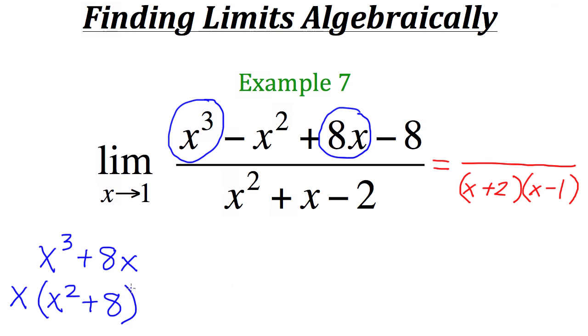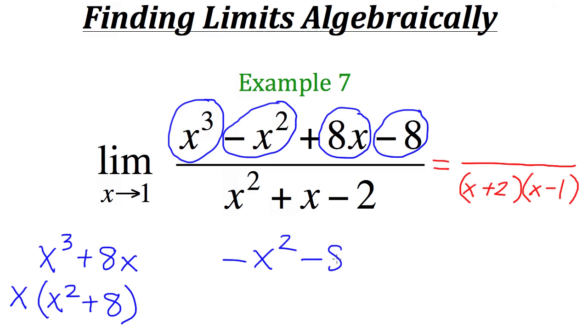Now from here, I need to take the other two terms and group them together. So we have a negative x squared minus 8. So I'll bring them together. Now from here, they both have a negative 1. So I could factor that negative 1 out, which leaves me with x squared plus 8.